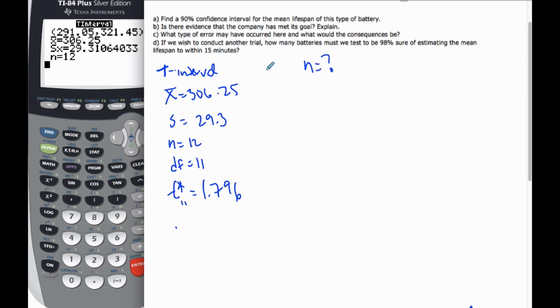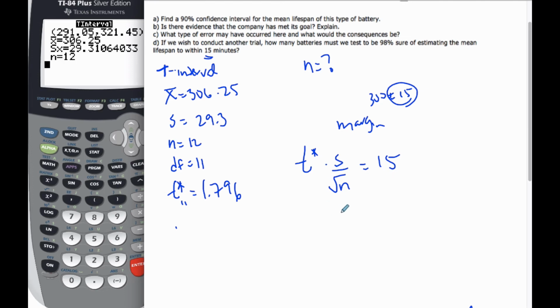I want my lifespan to be 15 minutes. So within 15 minutes, that means when I have my 300, I go plus or minus 15. This 15 is what we call our margin of error. And I know the margin of error is going to be t star times s over root n. And that's going to be 15.